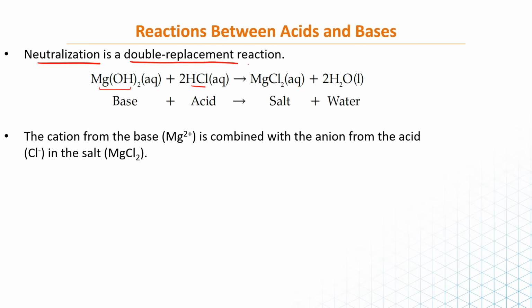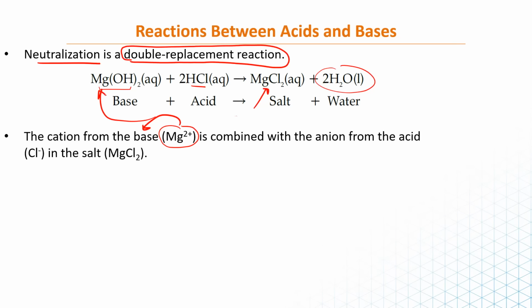This is a double replacement reaction, guys. We studied it before, either last year or the year before. Double replacement reactions, we'll have a revision on it. Basically, you are going to have water in the product, right? And then you will have MgCl2. Now, MgCl2 is an ionic compound. The Mg2+, the positive ion, comes from where?